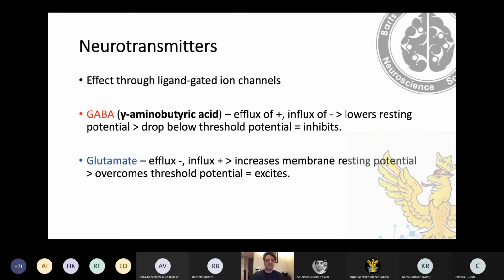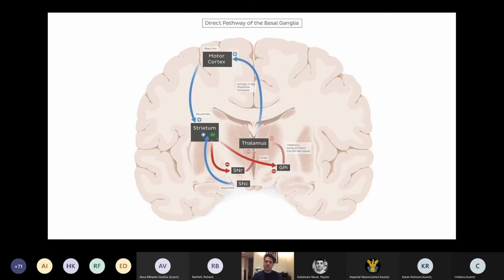Sorry, that's me just taking a sip of tea. I encourage everyone to have a beverage of some kind with them whilst we're going through this. So we get an excitatory effect with glutamate. So the important ones: GABA, in red, which I've tried to coordinate with the pictures we've got next, will inhibit. Glutamate will excite.